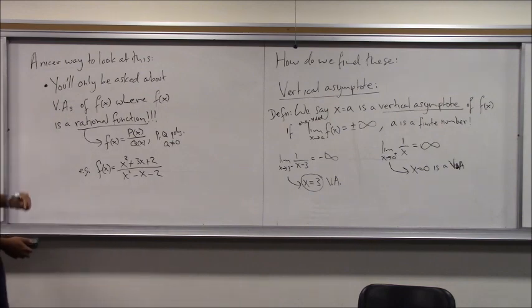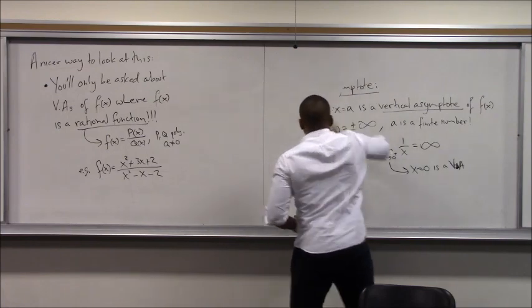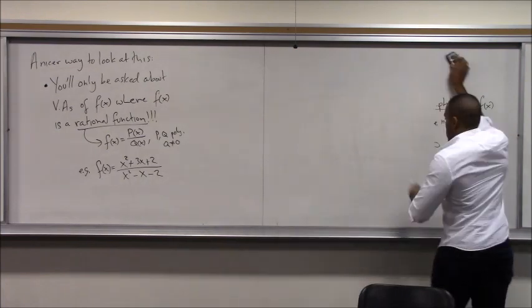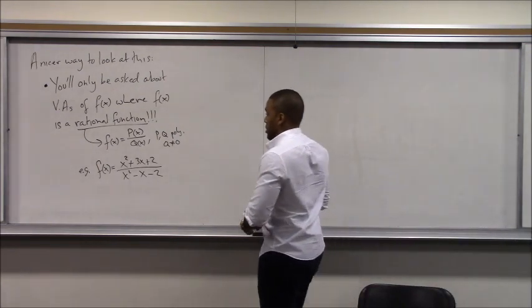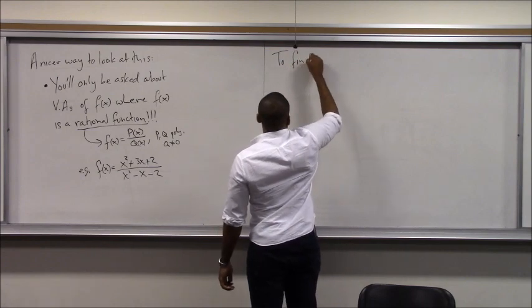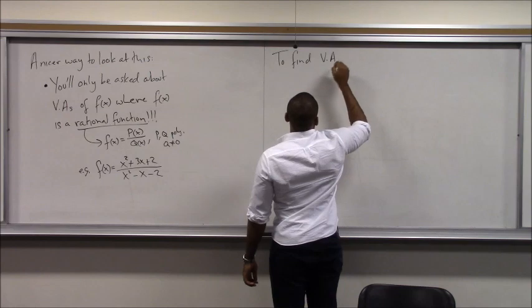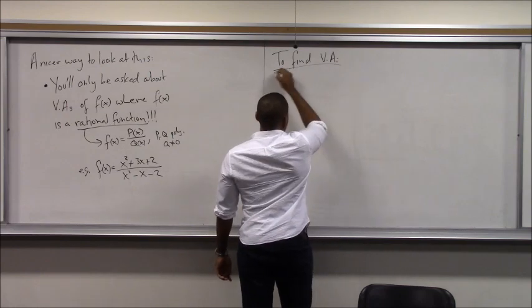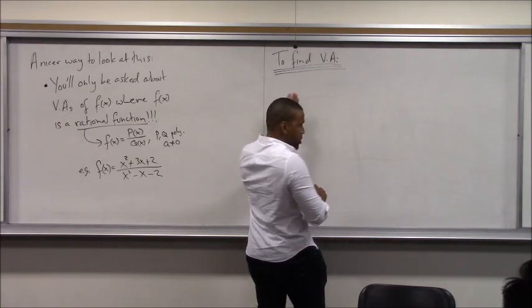Now, when you're looking for the vertical, this is the easy way to actually do it. You don't even have to think about limits, really. To find vertical asymptotes, this is the important part. If you're to remember one thing, this will be the thing to remember.